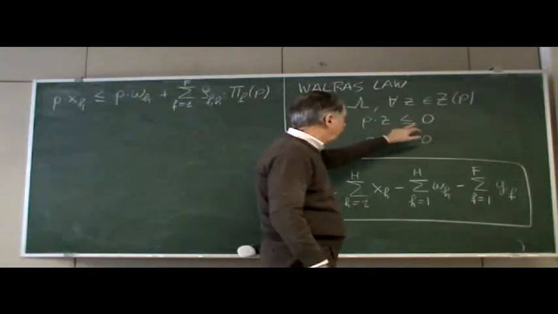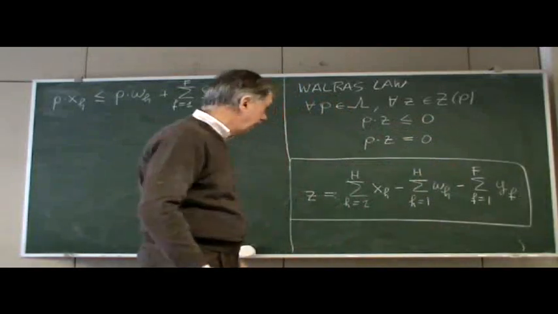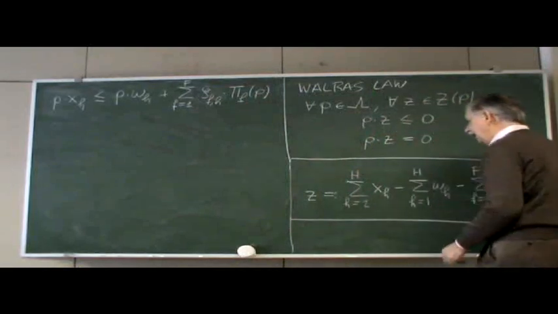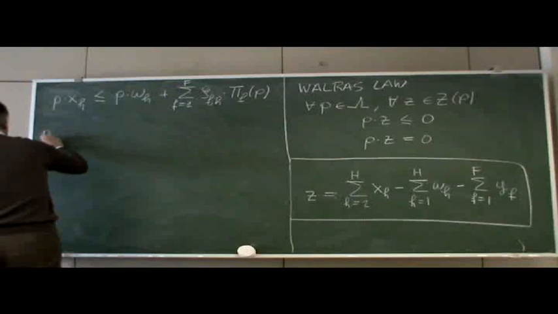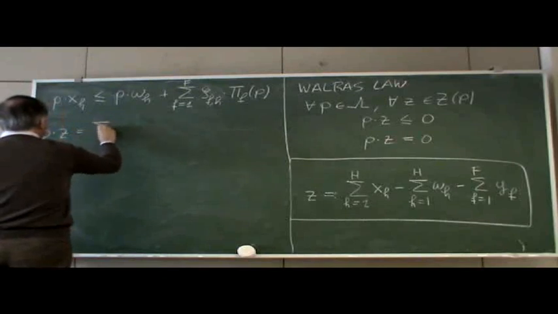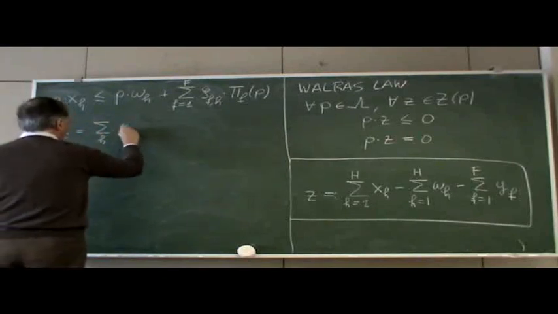We must prove that this value is not a positive number. And similarly, you obtain the same result here. So you have P times z equal to the sum for h, written in this simplified form.